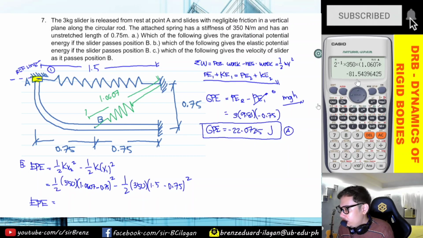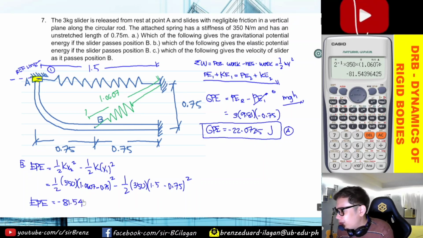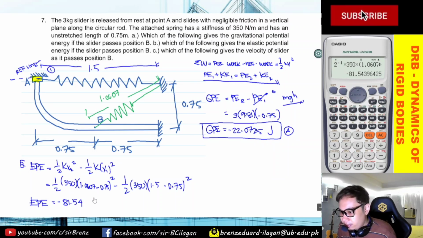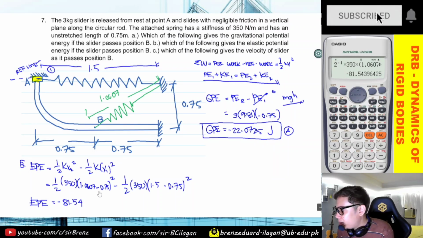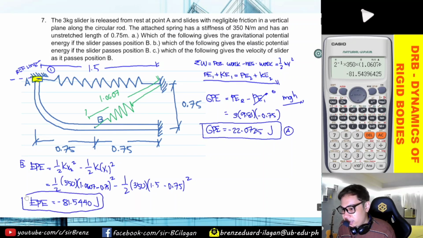Okay, so that is negative 81.5440. Again, the unit is in joules or Newton meter. So this is the answer for letter B.